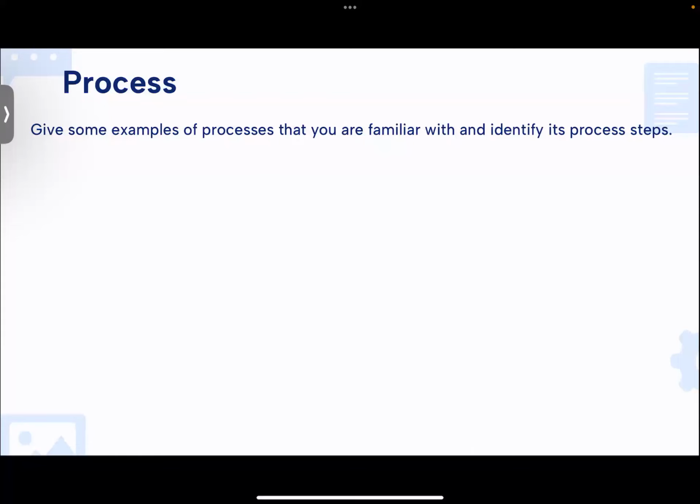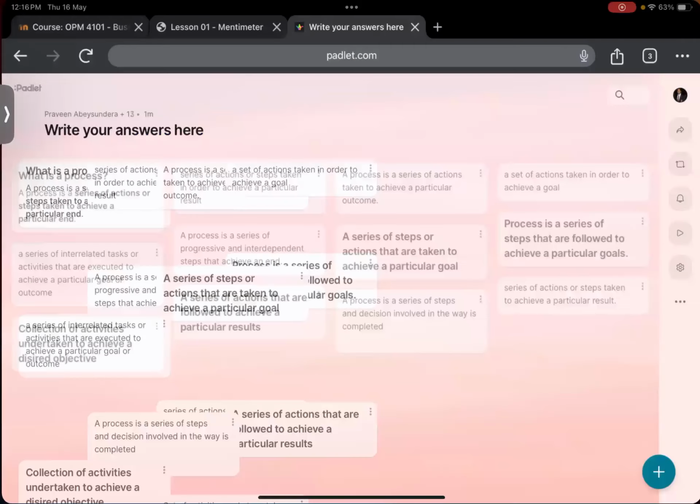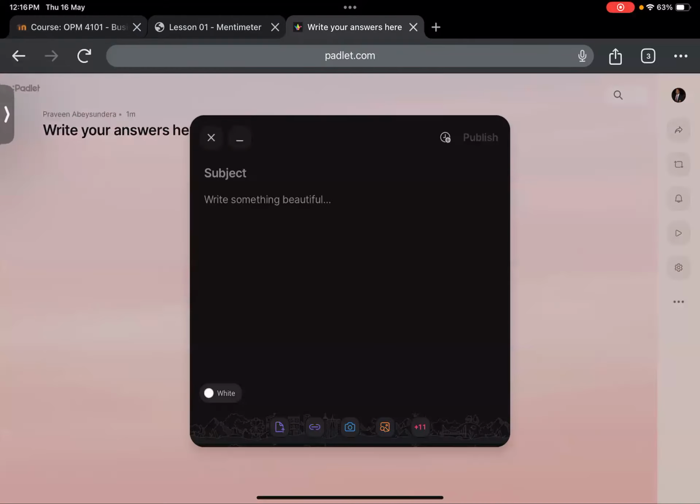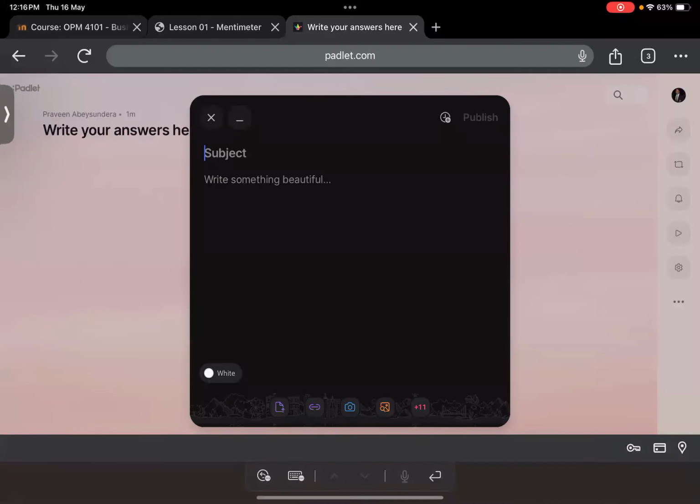What you have to do is go to Padlet and write your name also. I'll show what you have to do. You have to write your name here, and then here you have to write the process that you are going to select, a process that is familiar to you.